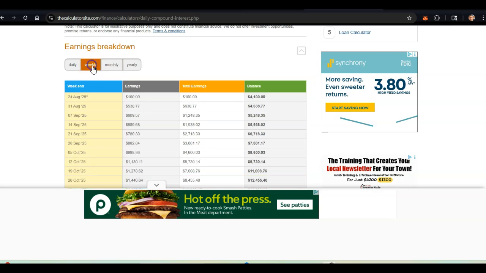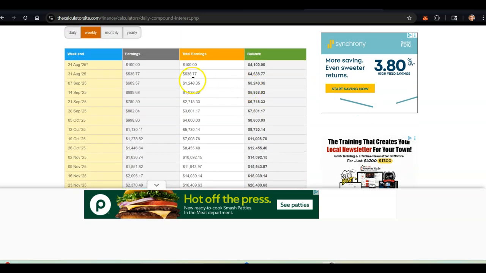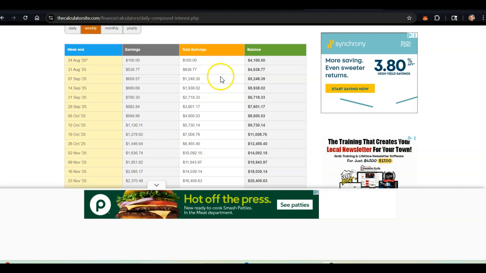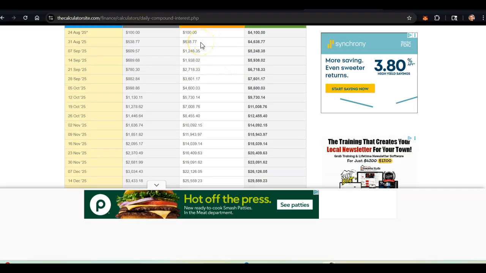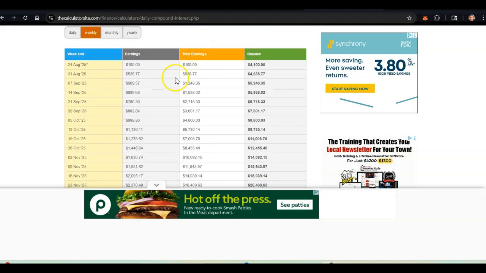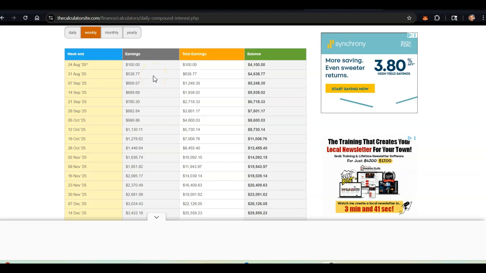Let's look at the weeklies now. You went from that first full week, 638, right? Oh, I'm sorry, this is the earnings. It's 538. Here you go. For the week, 538. This is the gray area. This is the one you should be looking at. $538 a week right away in week 2.